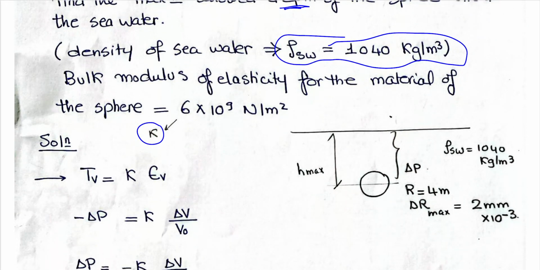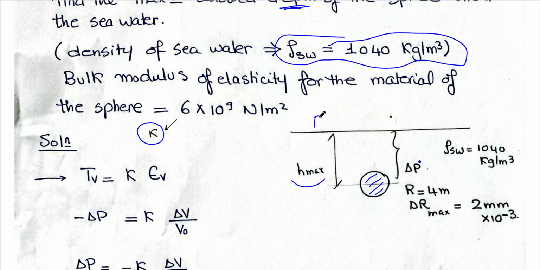Okay, let me explain what this problem is. We have this sphere. Its radius is 4 meters. I will put it under the water at depth H maximum. So it will be affected by change in pressure.